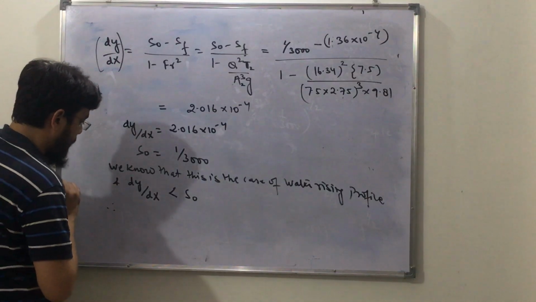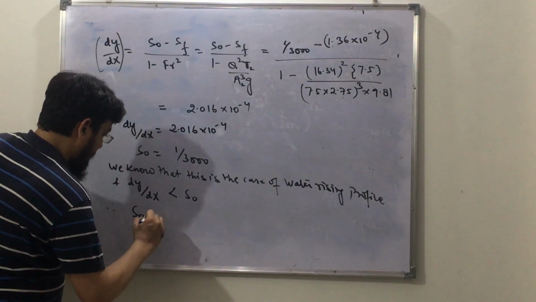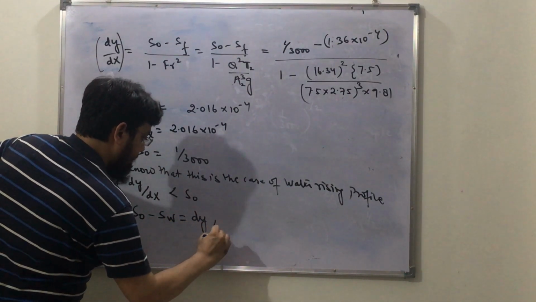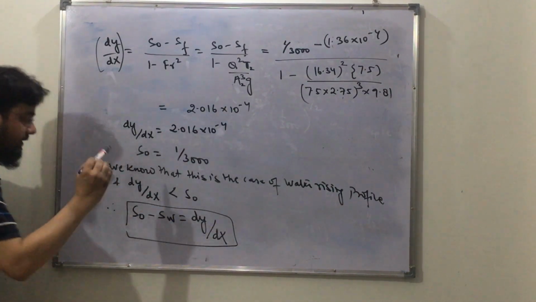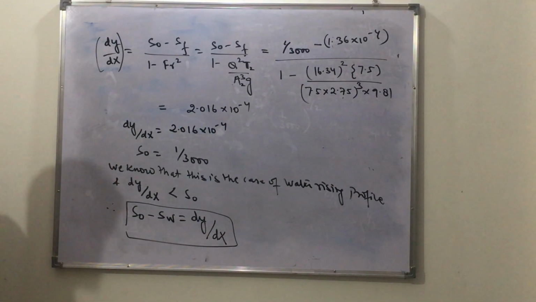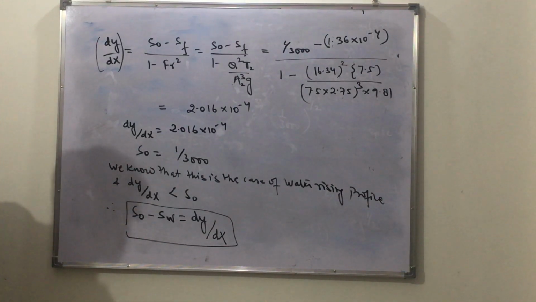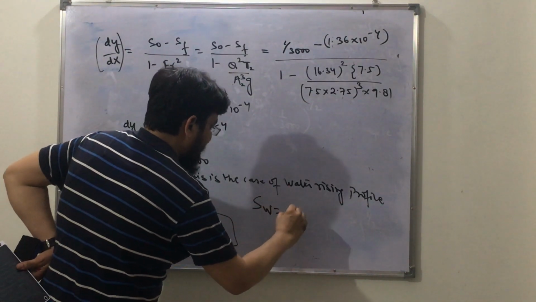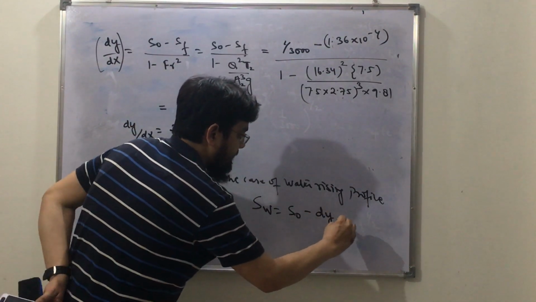Therefore, we can use the expression S naught minus SW is equal to dy by dx. Why we are using this expression is justified from here. So S naught minus SW is equal to dy by dx. Therefore, SW is equal to S naught minus dy by dx.